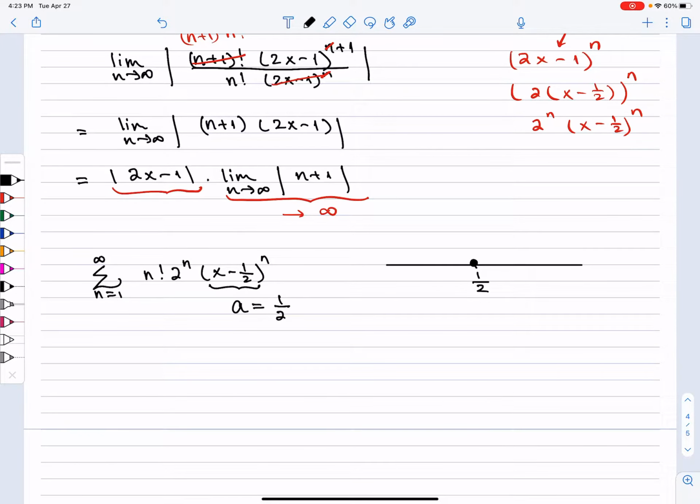Okay, so we have it centered at 1/2, and the series will only converge at 1/2. So that means that the radius of convergence is 0. And the interval of convergence will be from 1/2 to 1/2, which we really write as 1/2. All right, I will stop right here.